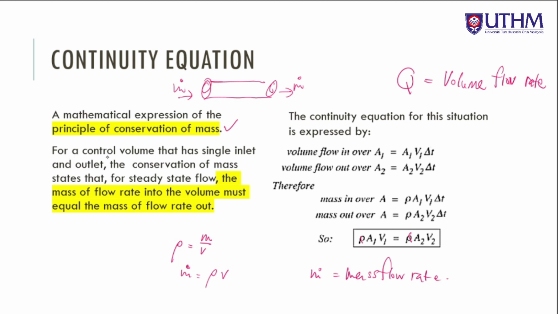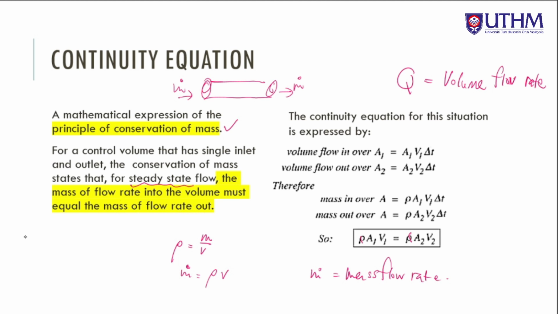Okay, for a control volume that has a single inlet and outlet, the conservation of mass states that for a steady flow, kita consider steady flow, the mass flow rate into the volume must be equal to the mass flow rate out.